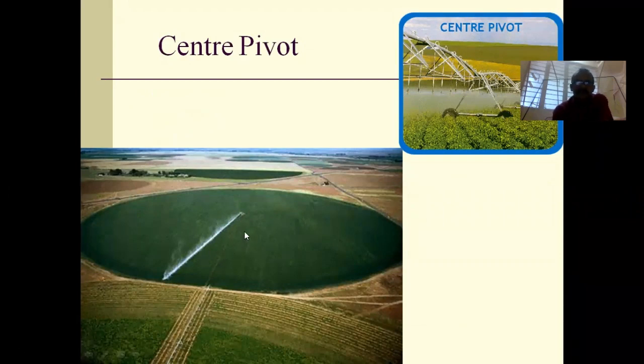In the center pivot system, the center is fixed and the end is movable and it is kept on wheels and it slowly moves this way and sprinkling is done. As I already told, these large systems are very much used only in Europe and the West, and they are not used in India.